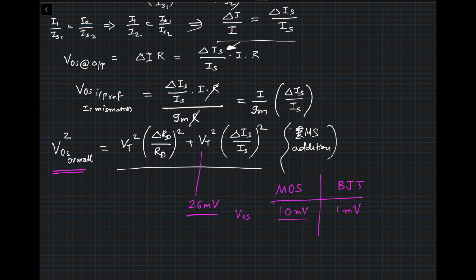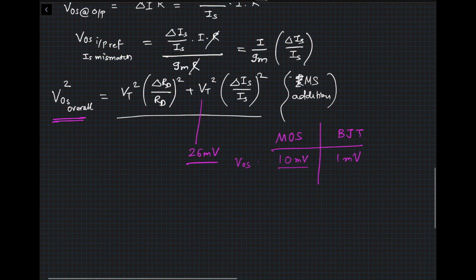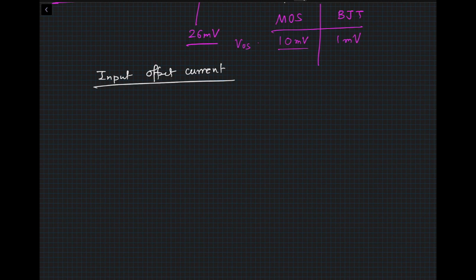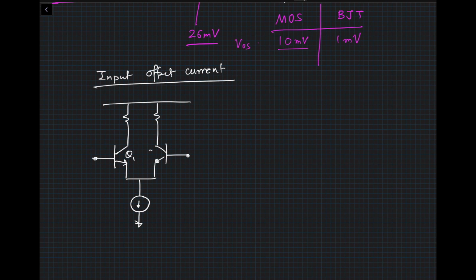However, there is one problem with BJTs, and that's what we're going to talk about now, which is non-existent in the case of MOSFETs. BJT has something called input offset current. Here you can say that these are your two inputs, Q1 and Q2, with R and R. R doesn't matter in this case because we are only looking at base current.